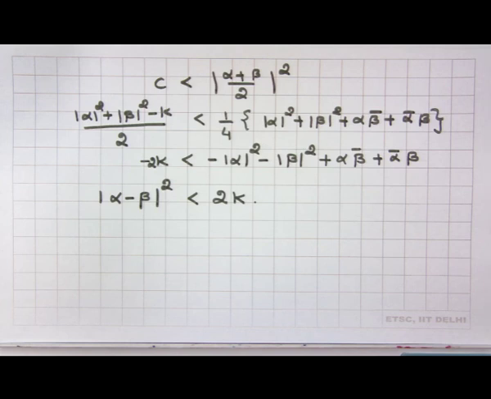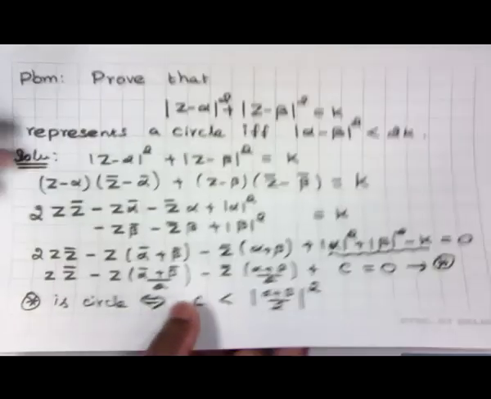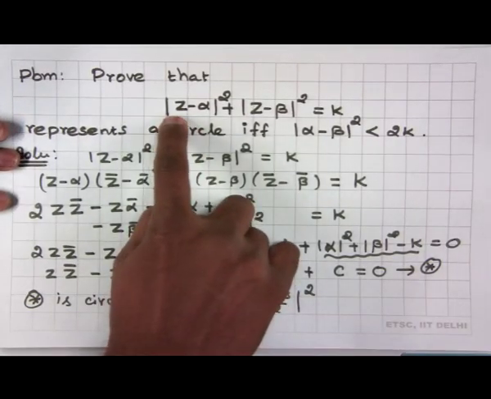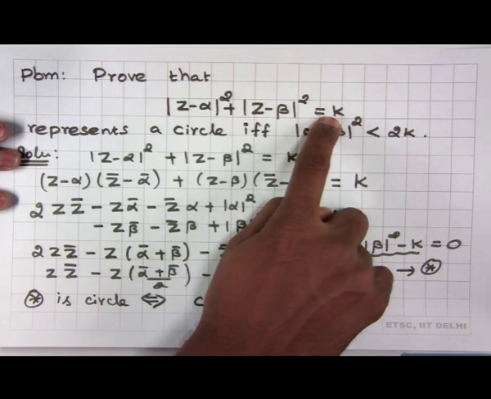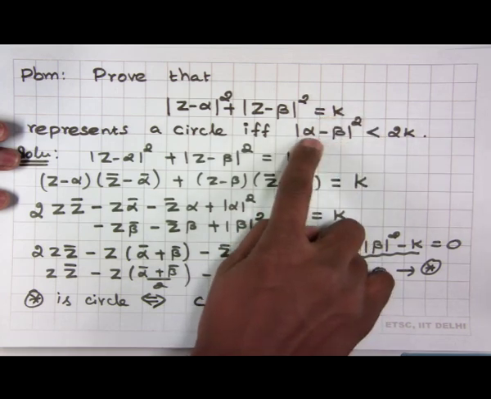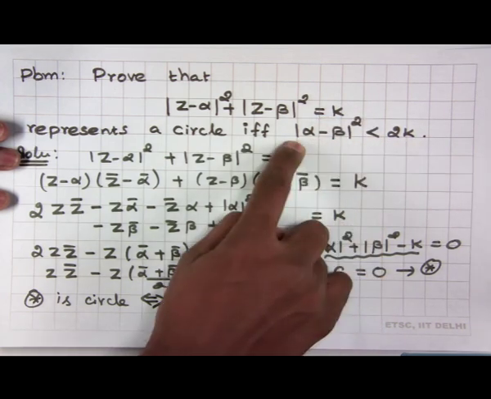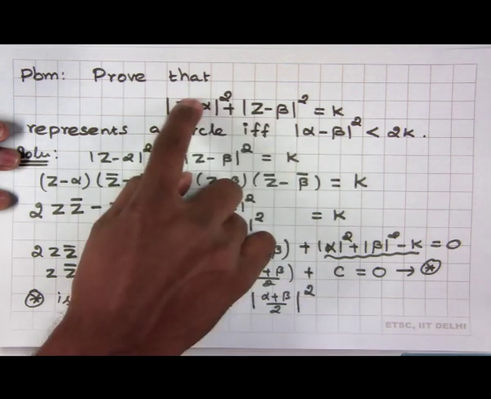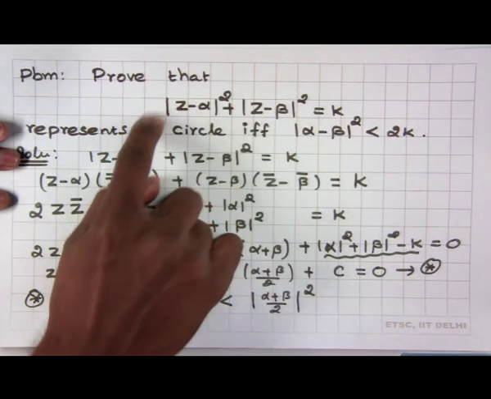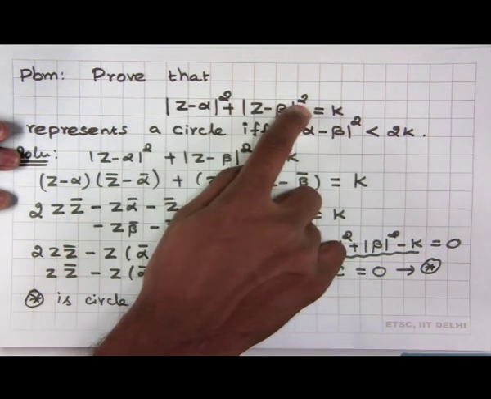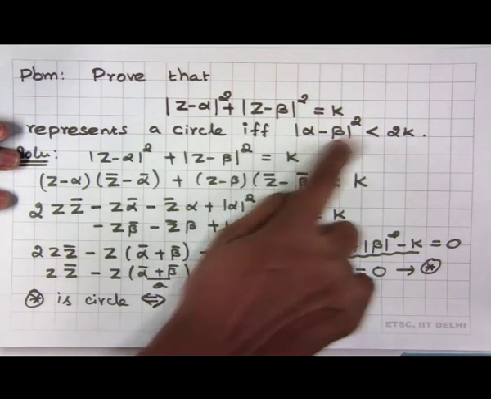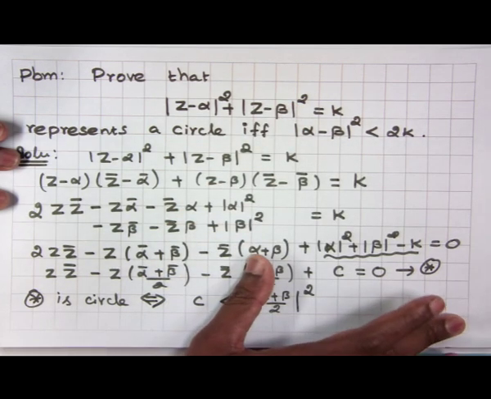So, this concludes the desired result: whenever z satisfies this equation and the constants α, β, k satisfy this, then we get a circle, and whenever we get a circle from this particular equation, then α, β, k should satisfy this condition.